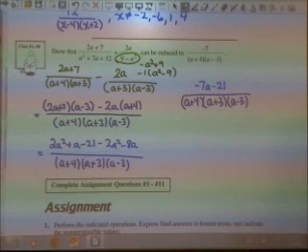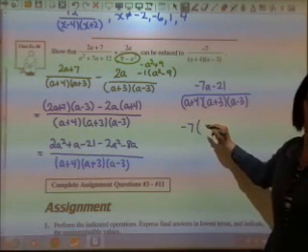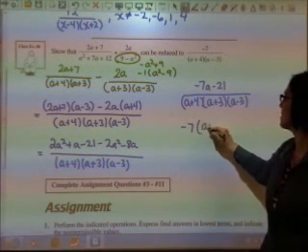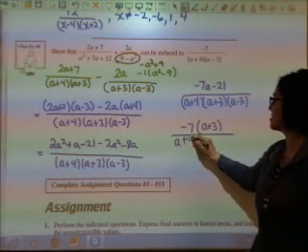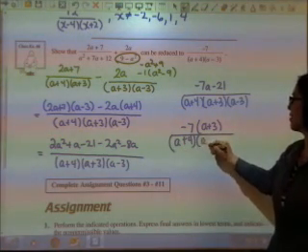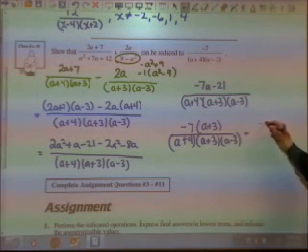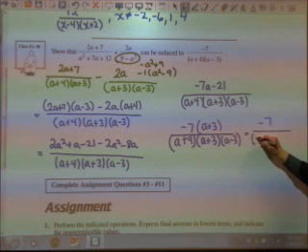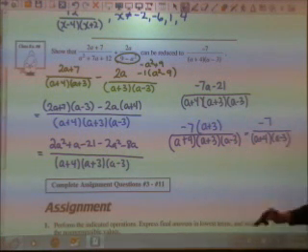What do I notice about negative 7a and negative 21? If I factor out a negative 7, I'm left with a plus 3, which then cancels the a plus 3 on the bottom. And I now have the negative 7 over a plus 4 times a minus 3.